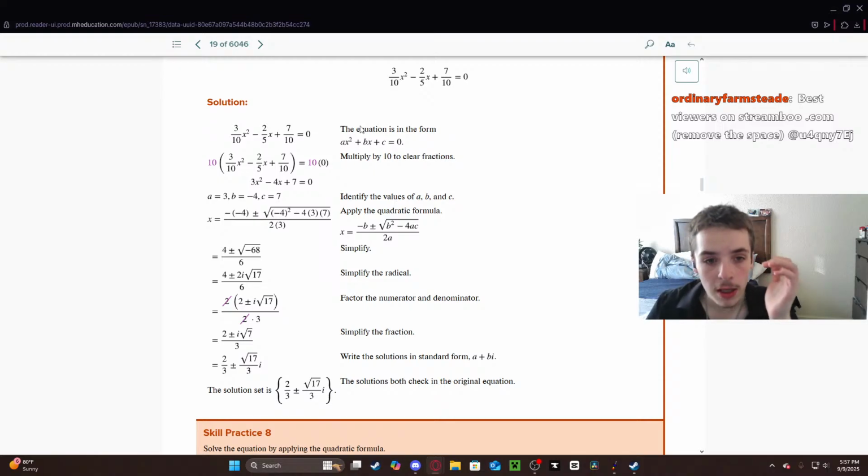Simplify the radical. So factor the numerator, denominator. Simplify the fraction.